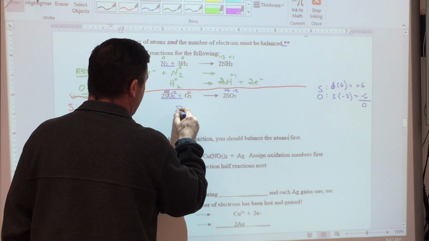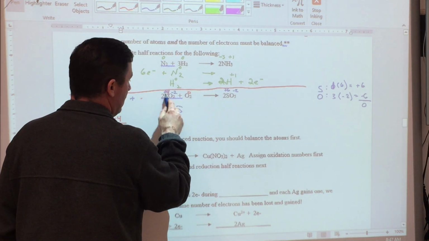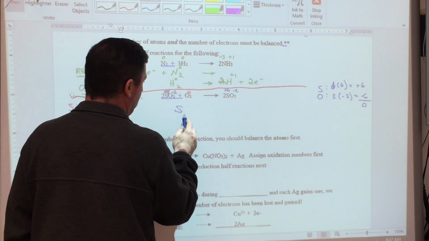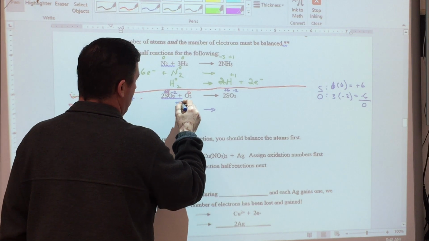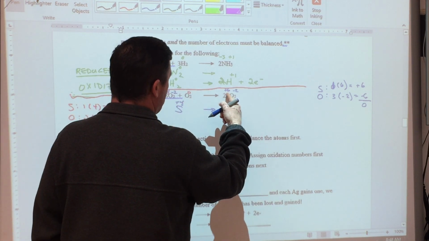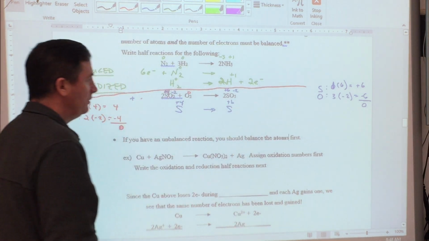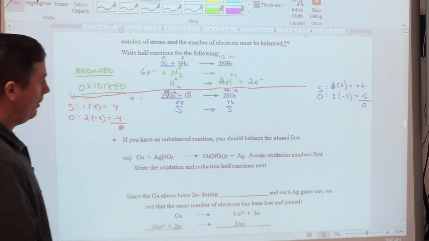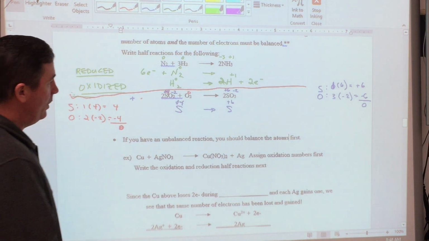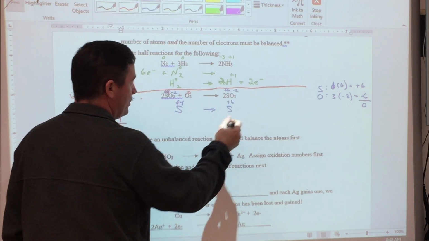Let's take the sulfur first. Now, I don't worry about the coefficient right here yet. Okay? So I've got sulfur, and it's a positive 4. I've got sulfur over here, it's a positive 6. What do you think I should do? Well, if I put the electrons on this side, it would make this negative 2, and then it wouldn't be balanced.